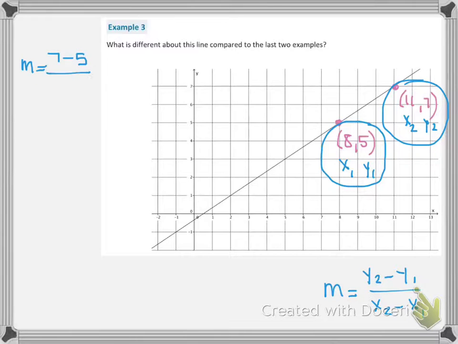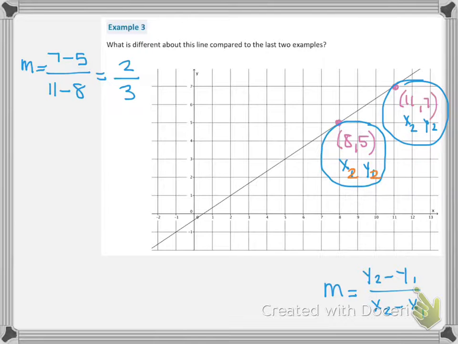That's the change in y. Then the change in x would be x2, which is 11, minus my x1, which is 8. 7 minus 5 is 2. 11 minus 8 is 3. My slope is 2/3.